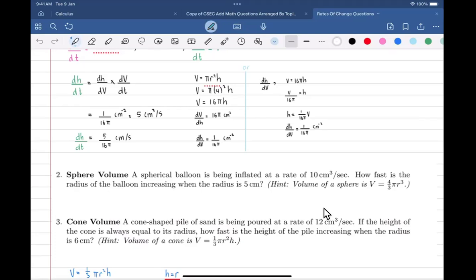And so I ended up finding dV/dt, which I already had, and I had to find dh/dt, which I used to find dA/dt.